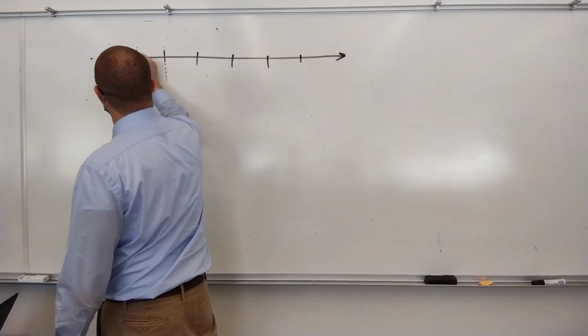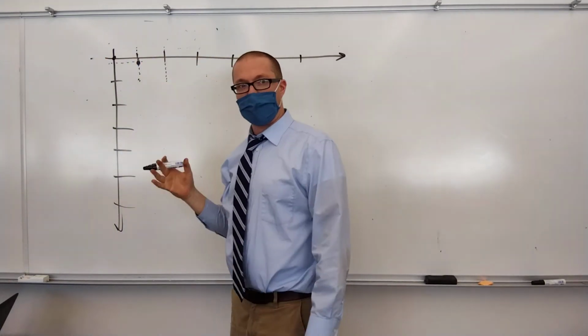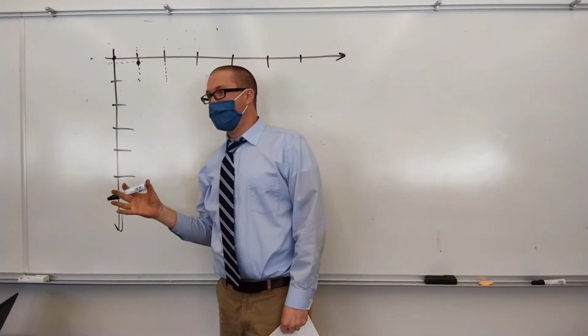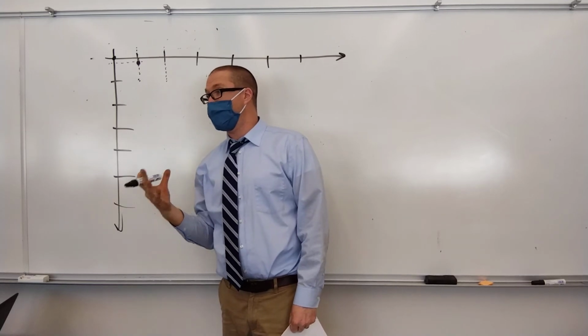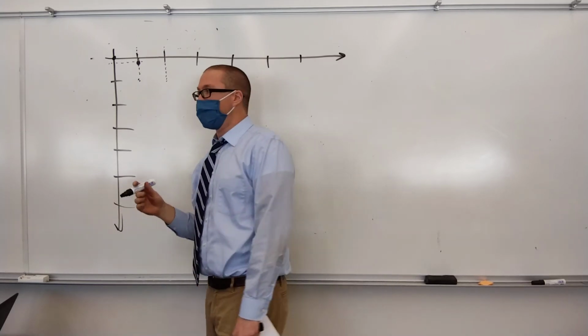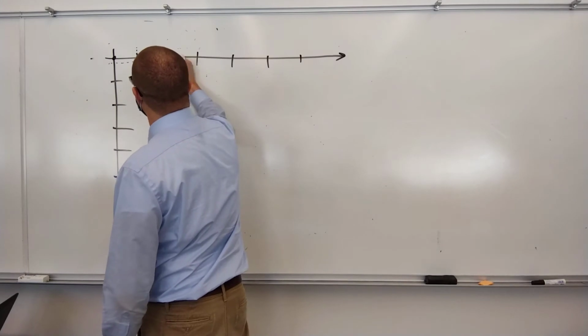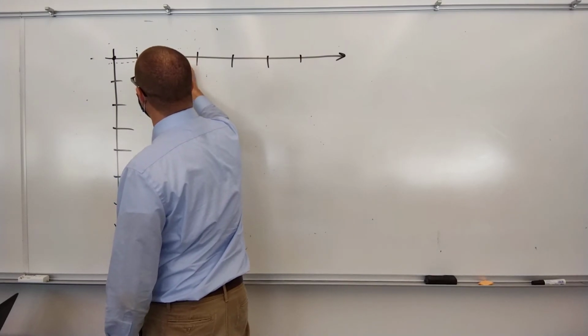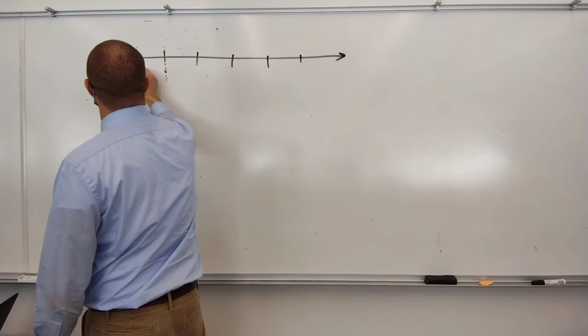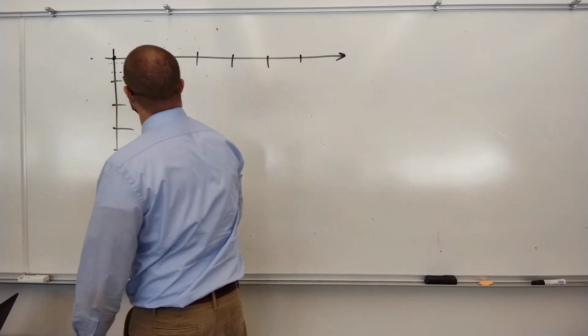However, in the y direction, it's got to travel farther than it did the previous time interval because it's speeding up. So I got to make this distance a little bit farther.